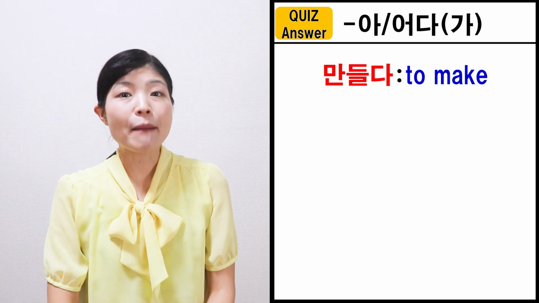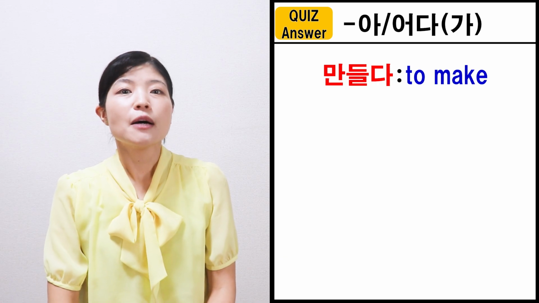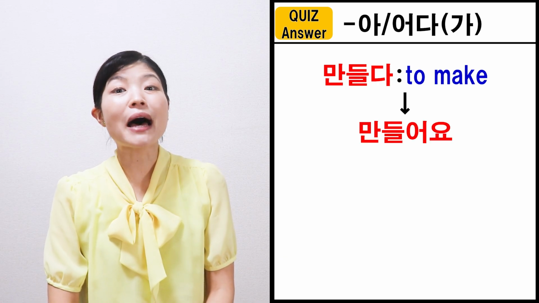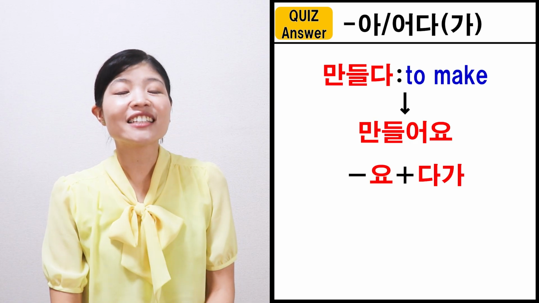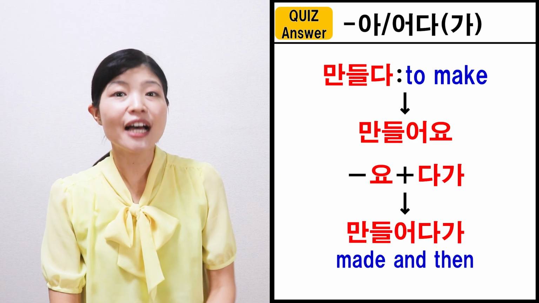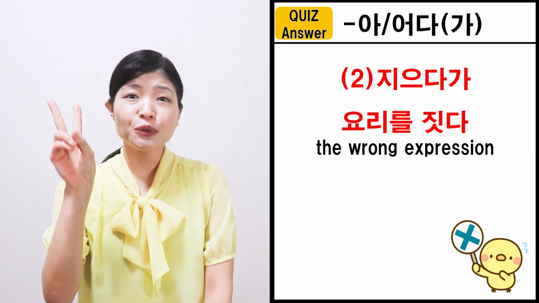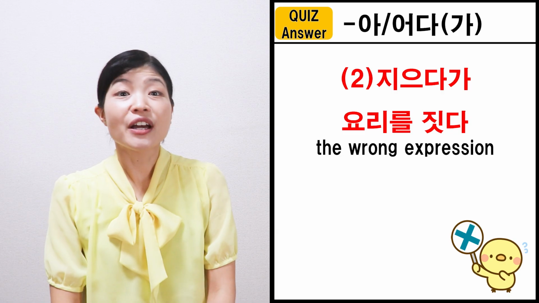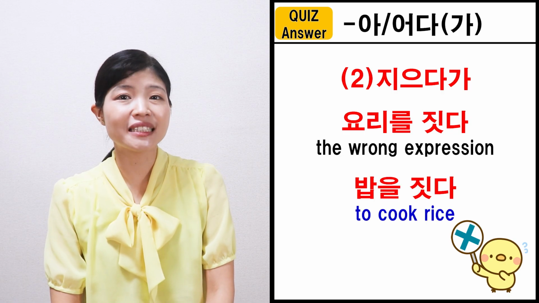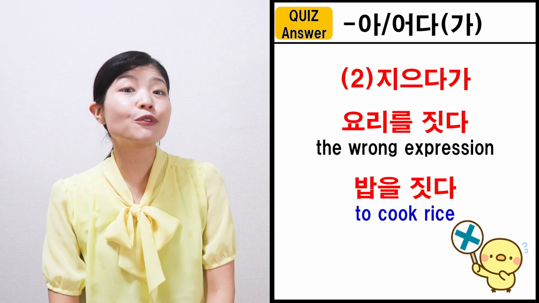To explain the grammar, the 요 form of 만들다, to make, is 만들어요. You remove 요 from it and add 다가 to make 만들어다가, made and then. Number 2 is wrong because 요리를 짓다 is the wrong expression. The correct one would be 밥을 짓다, to cook rice. You use 짓다 for rice.